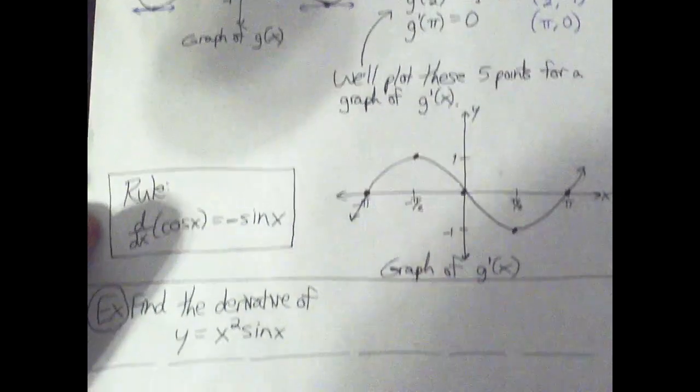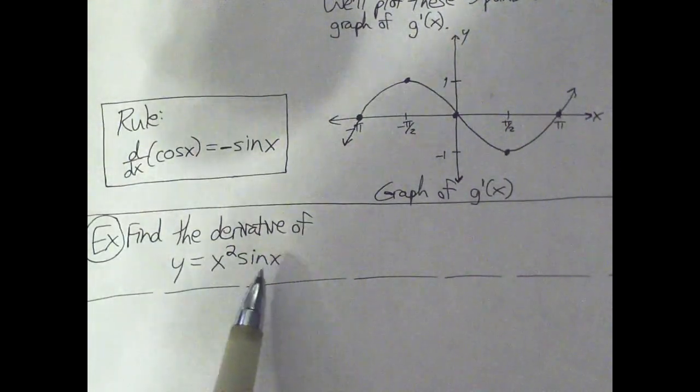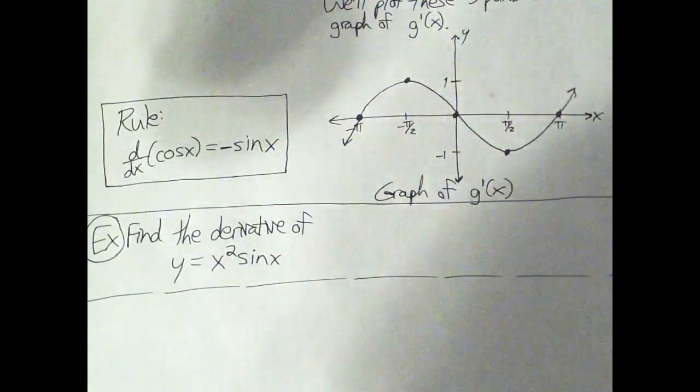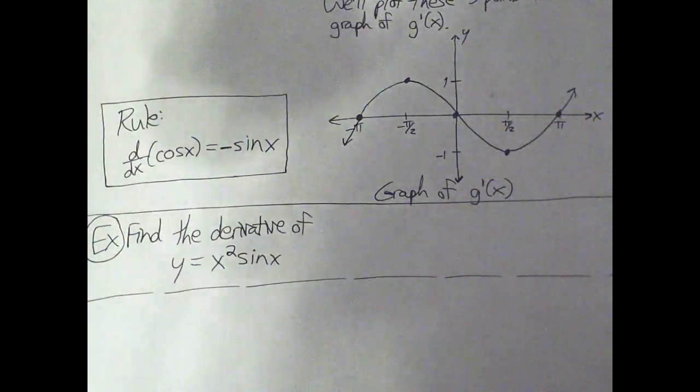So you see what I mean when I said that we could combine this with other rules that we know. The derivative rule for sine x we talked about today, but this is a product. This looks like we need the product rule, which we talked about in a previous lesson.